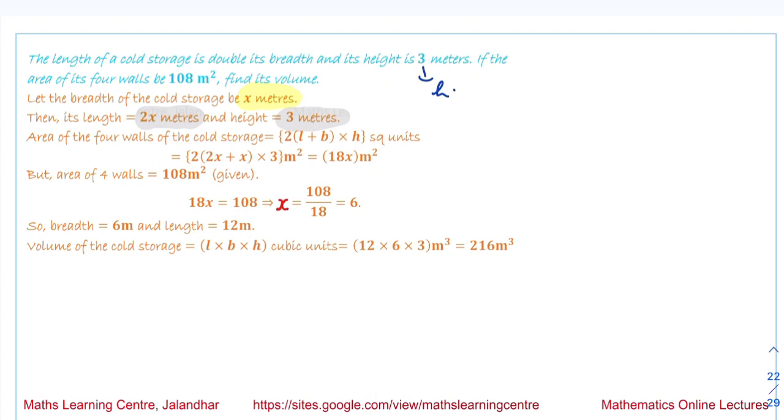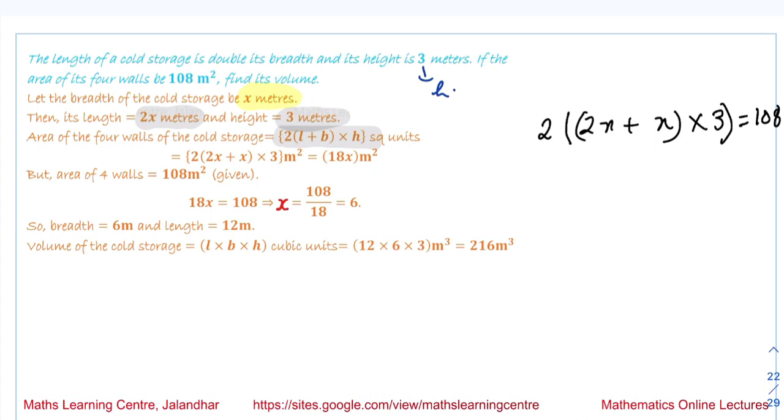The area of its 4 walls is 108 meter square. So what is the formula for the lateral area? It is 2 times (L plus B) into H. So it is 2 times (2x plus x) into 3, and this value is given to be equal to 108 meter square.